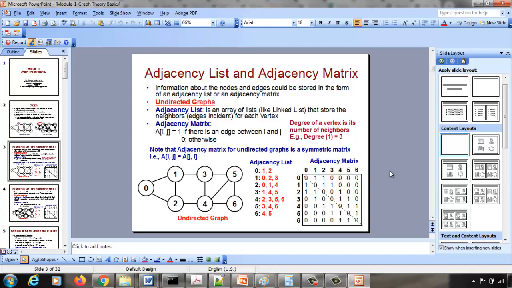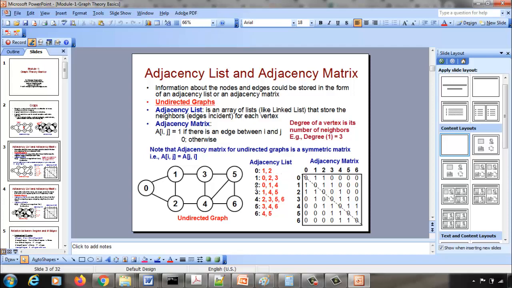Now, one difference you could see between adjacency list and adjacency matrix is, in adjacency list we store only the edges that actually exist. So 0 will say that it has an edge to 1 and it has an edge to 2. 0 doesn't have an edge with 3, 4, 5 and 6, and we don't store that information. So if 0 is stated to have an edge with 1 and 2, and the other nodes are not listed here, it means 0 does not have an edge with the other nodes.